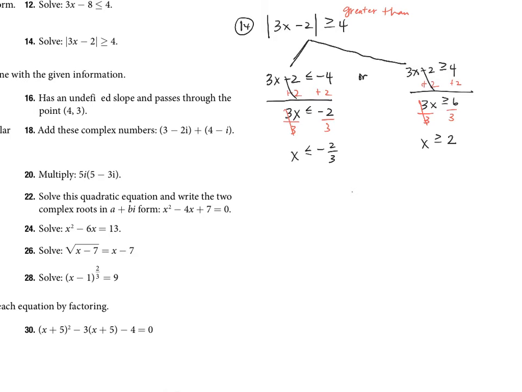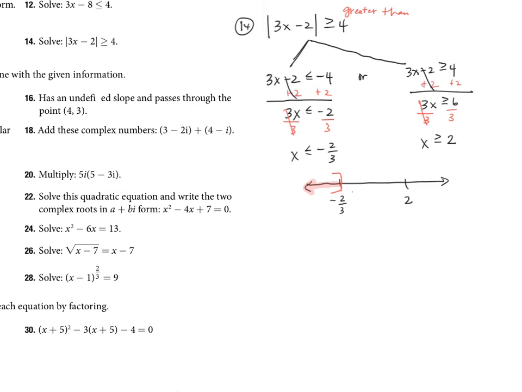So we have our two solutions, so we're going to graph them on the same number line. So we have negative 2/3 is one boundary point and 2 is the other. So we want to see when x is less than or equal to negative 2/3, so that would be to the left. And since it has an or equal to, it's a bracket.